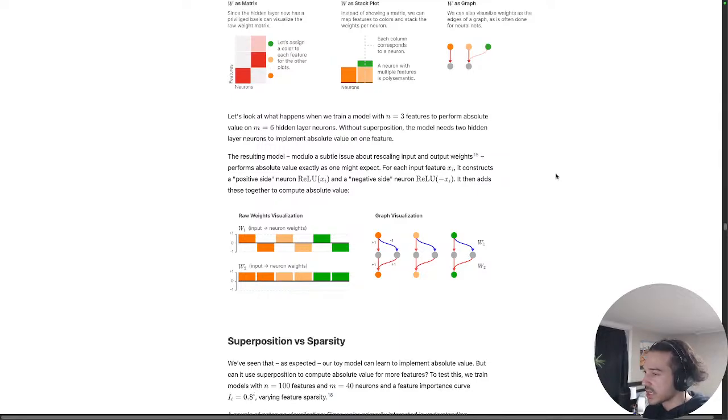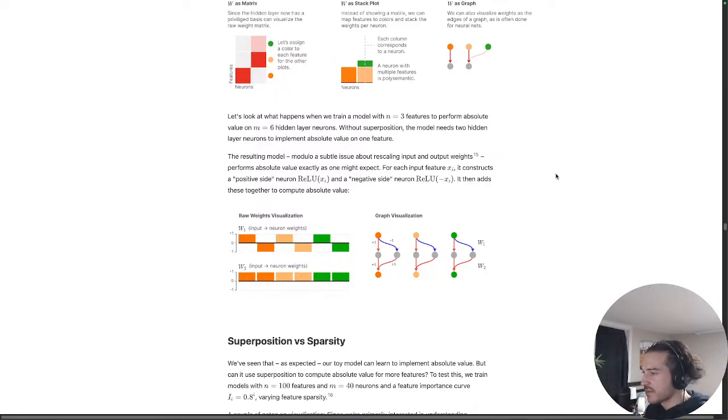Raw weights visualization: weights 1 are input to neuron weights, and weights 2 are neuron to output weights. We see this sort of crossing back and forth on weight 1, whereas they all stay above on weight 2 at different shades, representing, I believe, the different features.